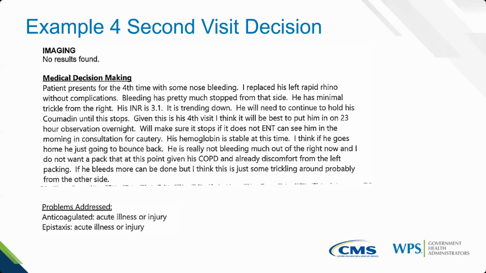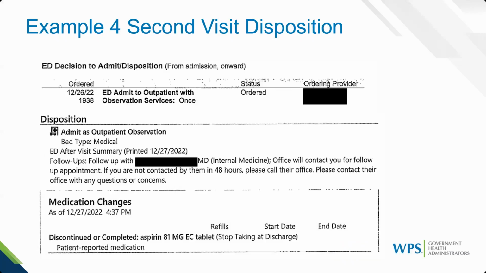The ER physician again is suggesting observation care and a possible consult by an ENT. This also lists the nosebleed and identifies it now as an acute illness or injury. So now we have information about what happened with this patient. This patient was admitted to observation by that ER physician.